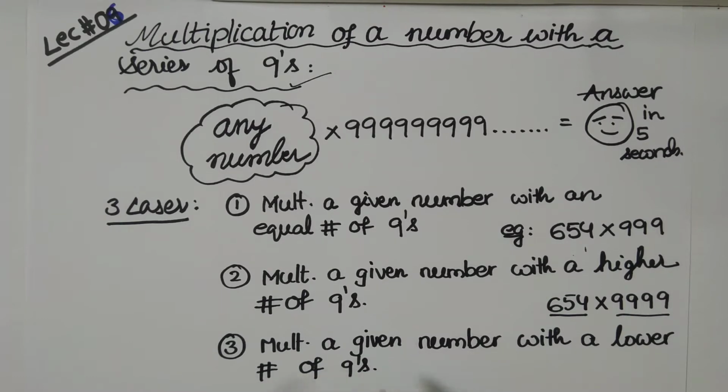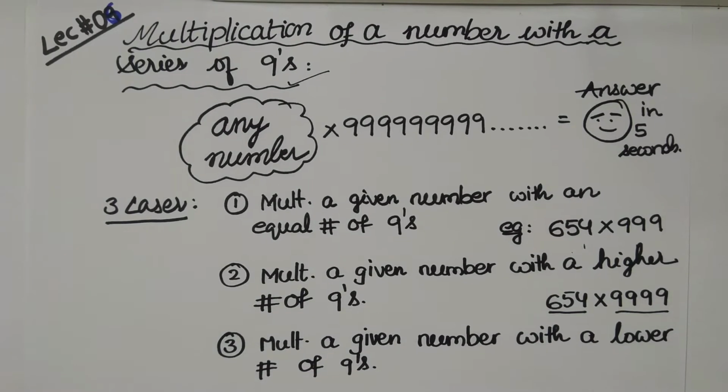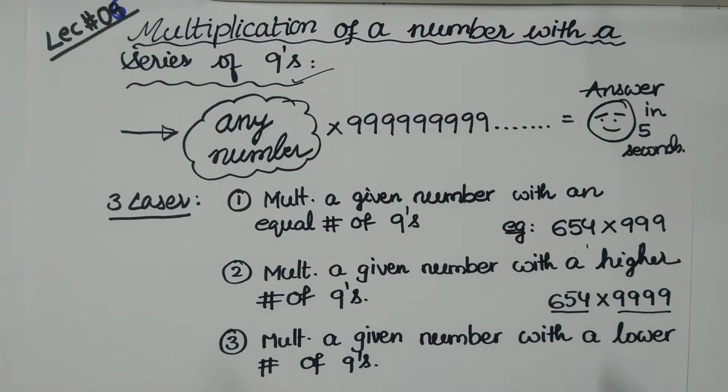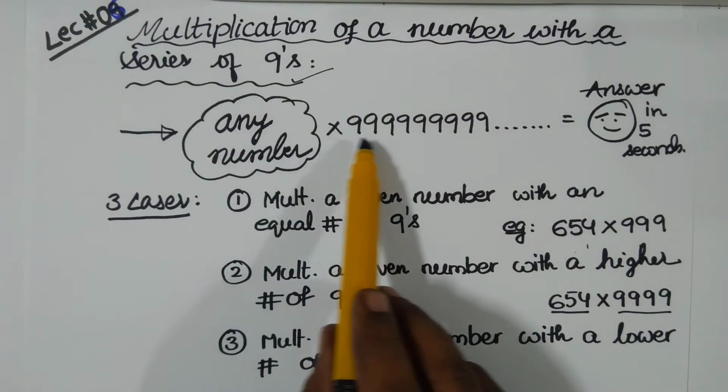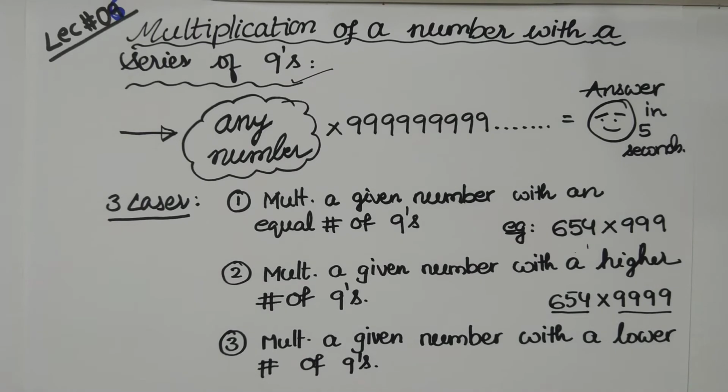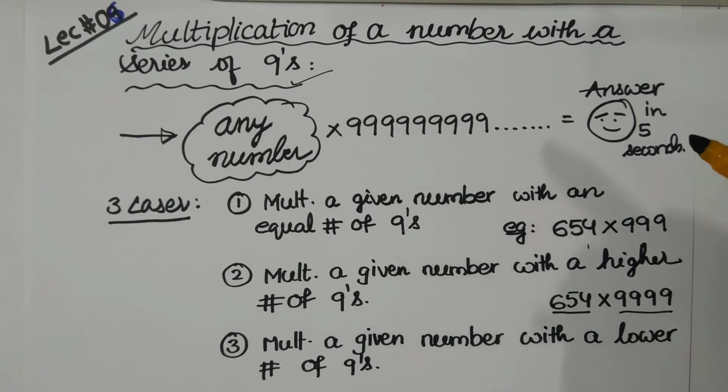That's it. To unlock this technique, you multiply any number by a series of nines, and you are going to get the answer in 5 seconds or less. So let's go through these 3 cases now.